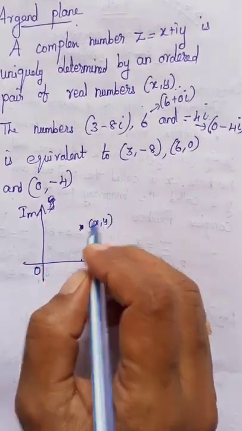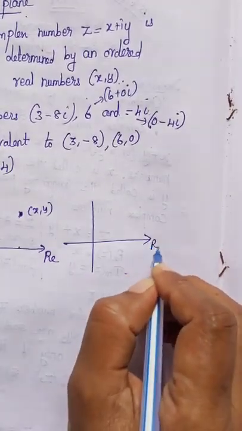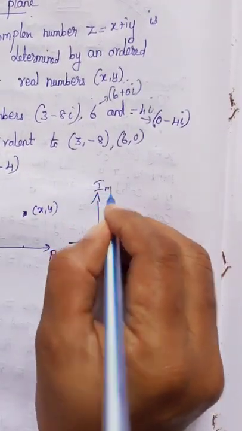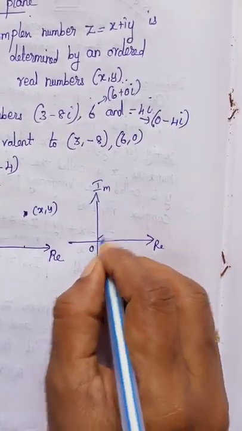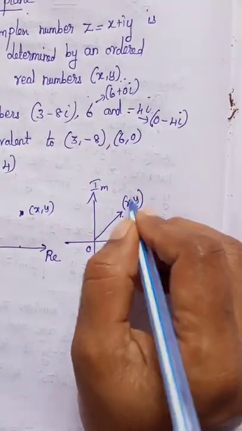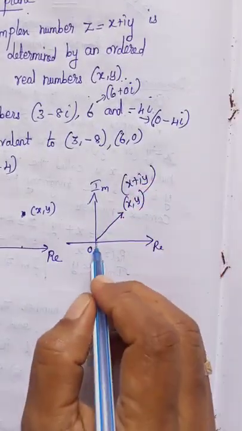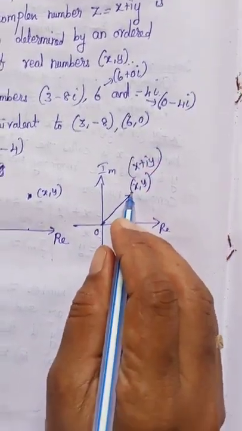When we join, here it is the real part and this is the imaginary part, from 0 to some x comma y, or you can write it as x plus iy.